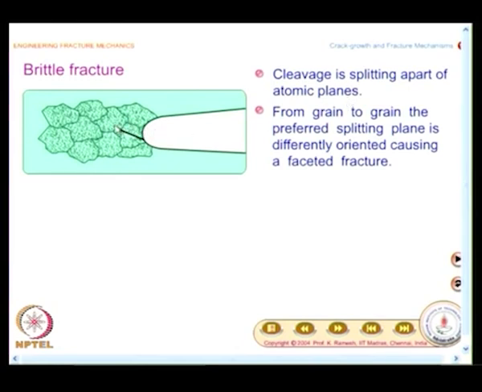See, each grain has a crystal and their planes are oriented differently from grain to grain. So, the splitting planes also will differ from grain to grain and they are differently oriented, which causes a faceted fracture.